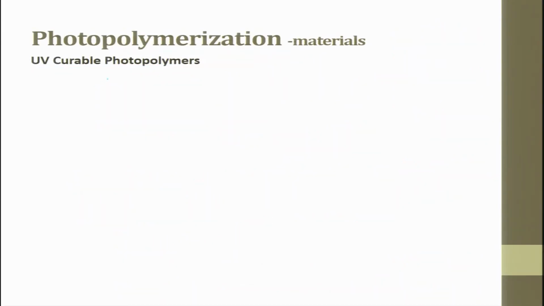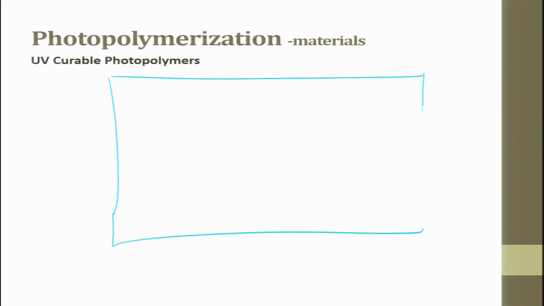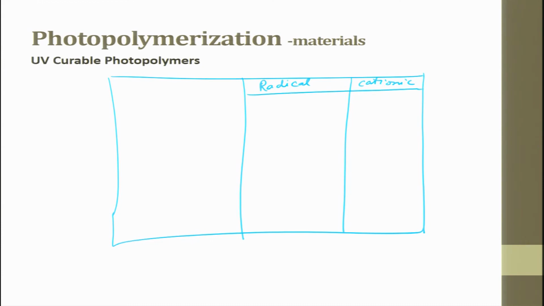So, if we wanted to compare it in terms of a table, I will try to put it as radical and cationic. The major components: it will be acrylate and here it will be epoxy.